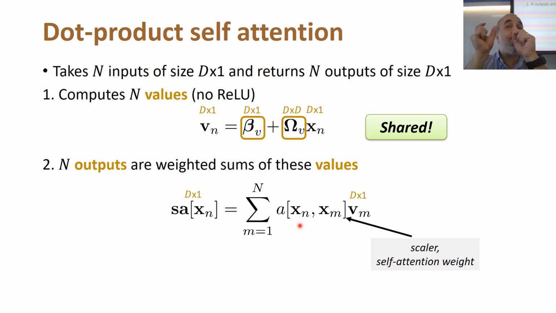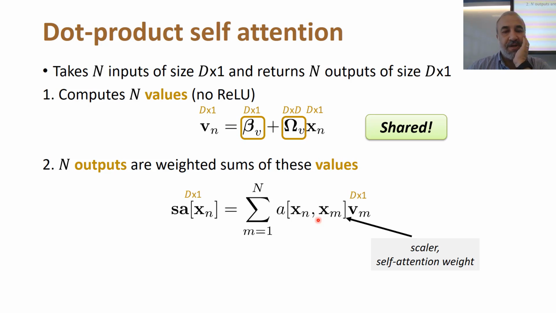For each pair of words n and m, there is one scalar value, a weight, a number, that is high if the relation between these two words is strong, and low if it is not. If a word is attending to another word, then this relation is strong, so the weight should be high. We will have a visualization for that on the next slide, so I hope the understanding will be much better.